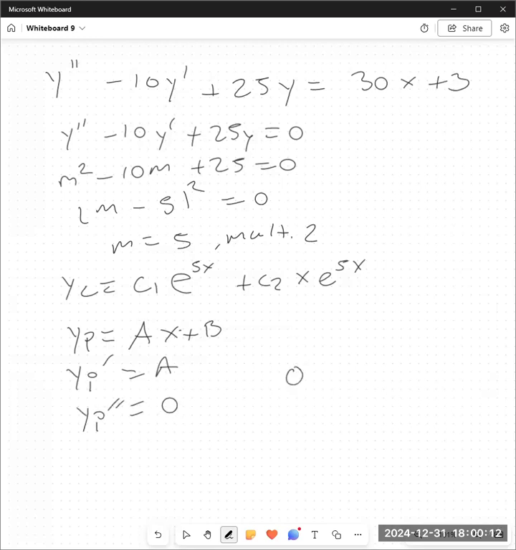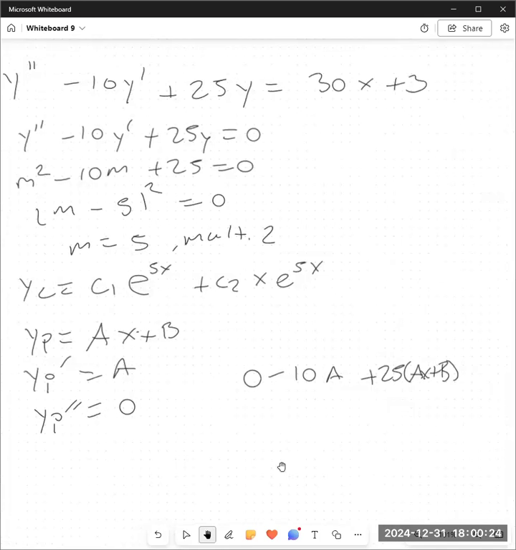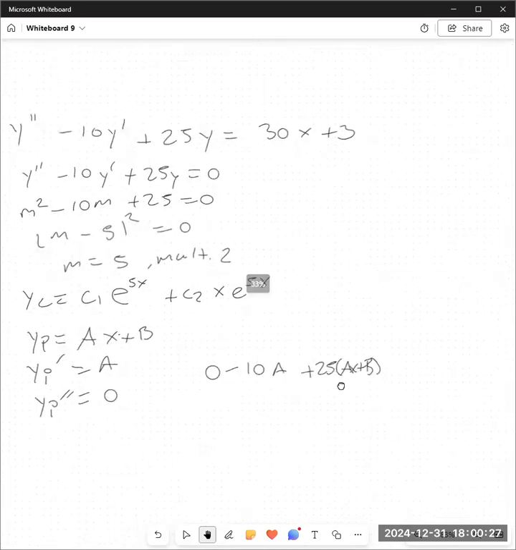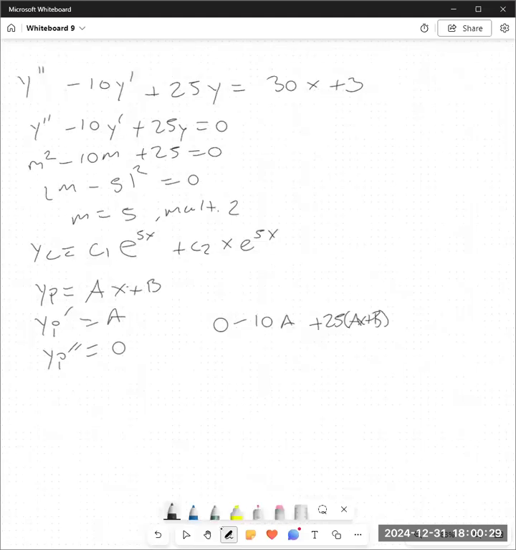Come back and make this 0 minus 10A plus 25 times Ax plus B needs to be equal to 30x plus 3. So this is negative 10A plus 25Ax plus 25B equals 30x plus 3.